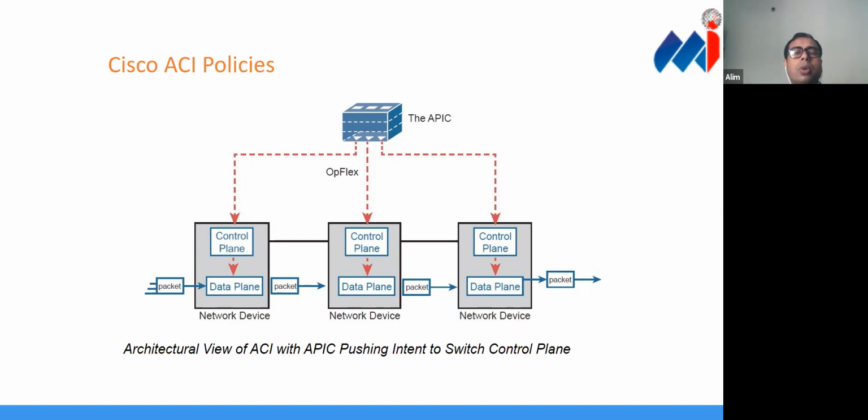So what is happening? OpFlex is a protocol used between the controller and devices for communication. You define your policies in the controller, and these policies reflect your intention about the network traffic.